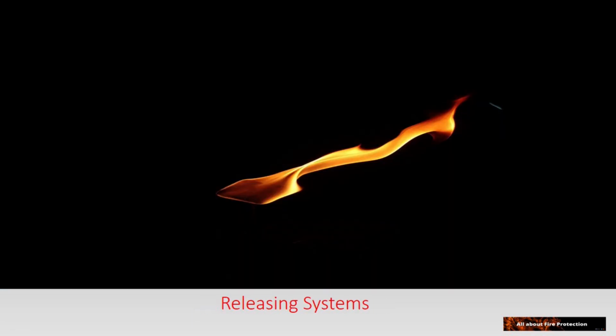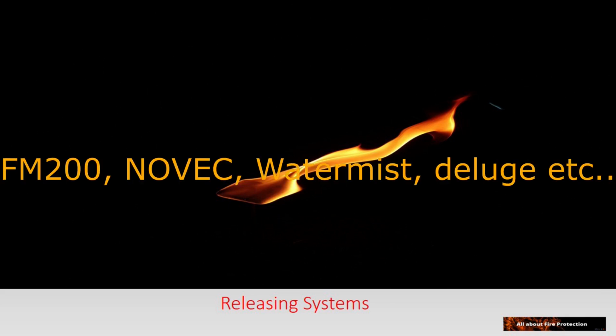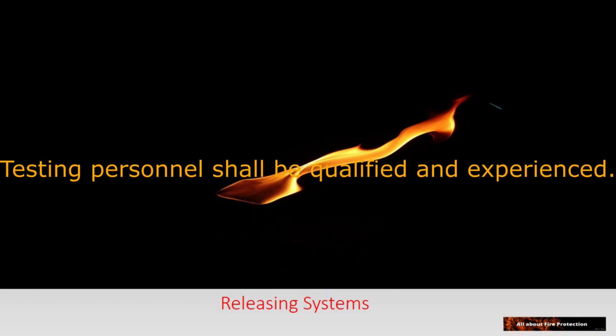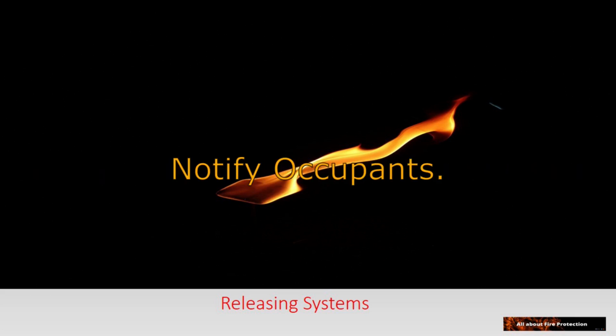Prior to any testing of fire alarm system initiating fire suppression system releasing function like FM200, NOVEC, or whatever fire suppression system installed at site, the following are required to be considered. First, testing personnel shall be qualified and experienced. Second, notify occupants.